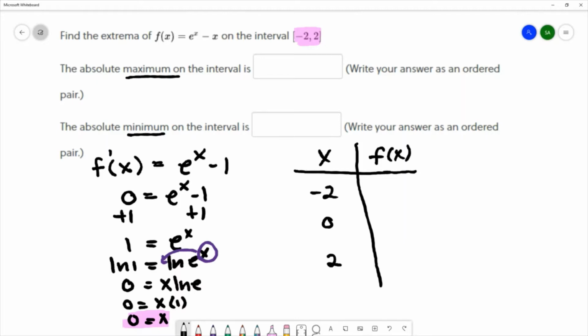So we have e to the negative 2 minus negative 2. I'm going to bring up my calculator to calculate that. E to the 0 minus 0 would be 1 minus 0, and that's 1. E to the 2 minus 2. And I'll bring my calculator up for that.